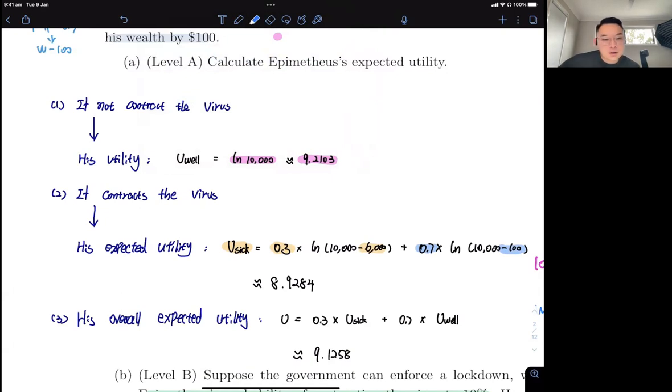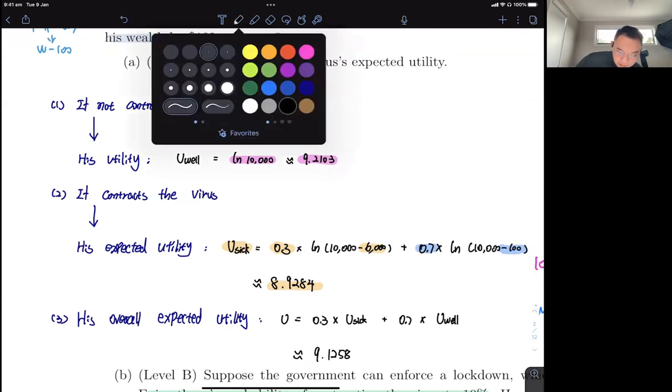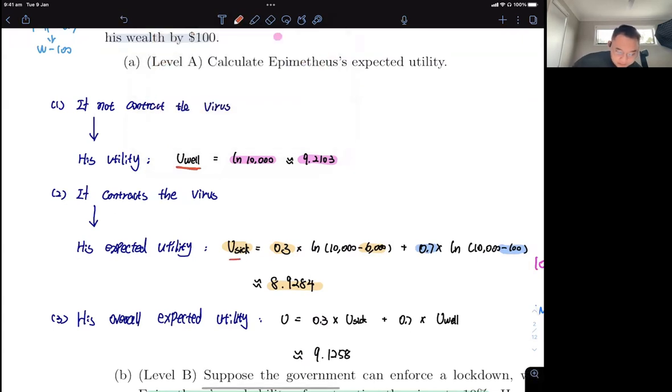So our utility for a person who gets sick will be U sick = 0.3 times ln(10,000 minus 6,000) plus 0.7 times ln(10,000 minus 100). By calculating this, we know U sick will be 8.9284.